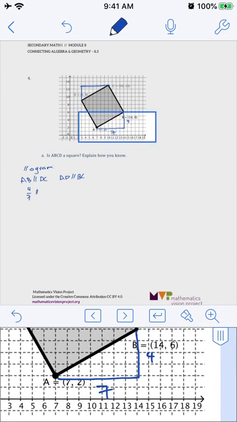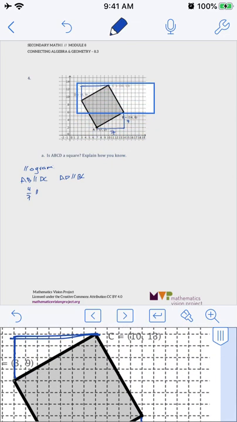Is that actually 13? I don't know if that's 13. I don't think that's 13. I think this is labeled wrong. I'm going to get a blown up picture. One sec. 10, 13. Nope. That's accurate.